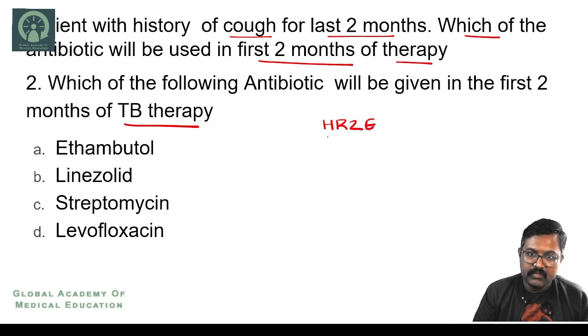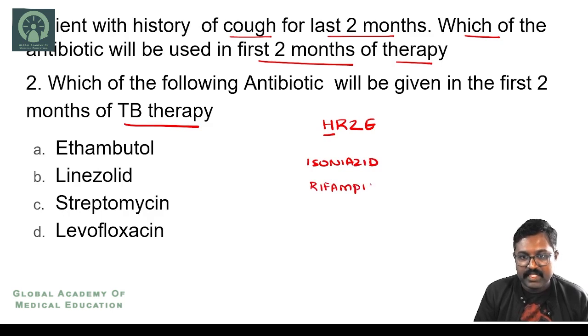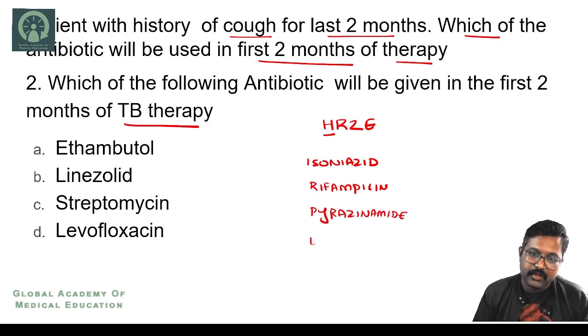HRZE. H stands for isoniazid, R stands for rifampicin, Z stands for pyrazinamide, and E stands for ethambutol.